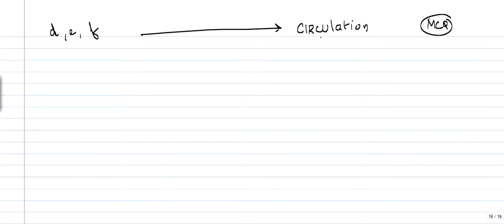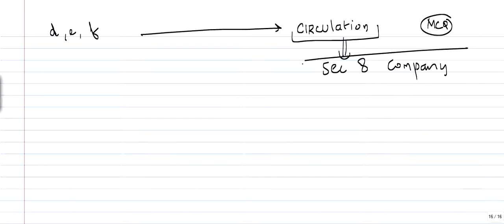of this section may be decided by the board by circulation. This can be done in circulation. An MCQ question is possible, but only for the Section 8 company. What are D, E, F?